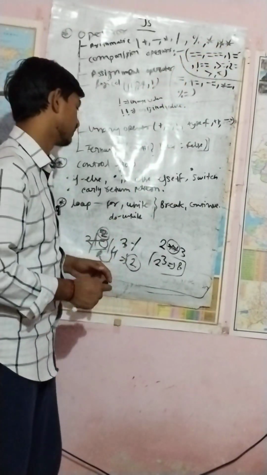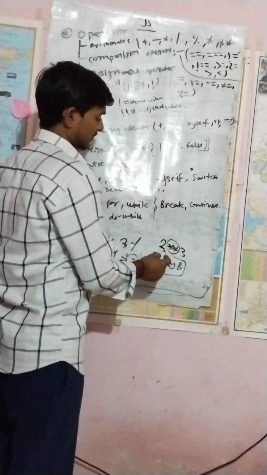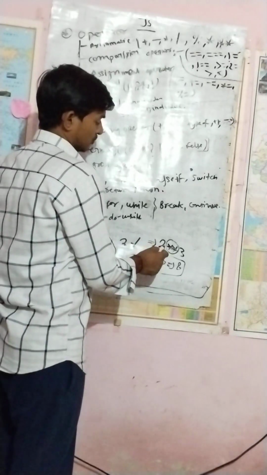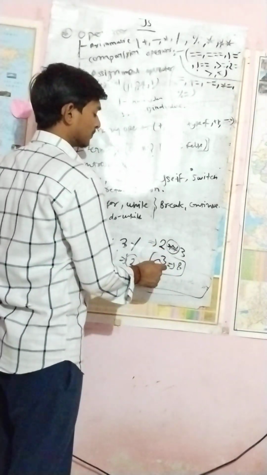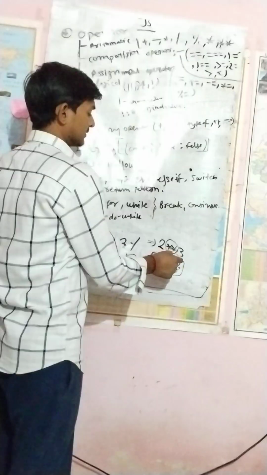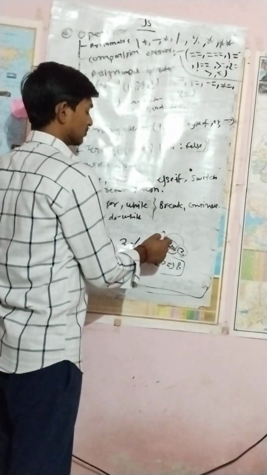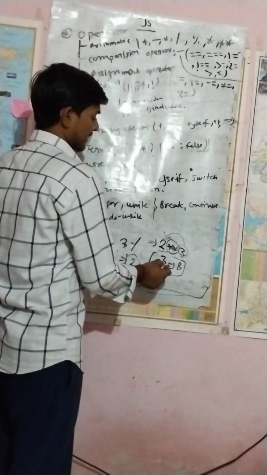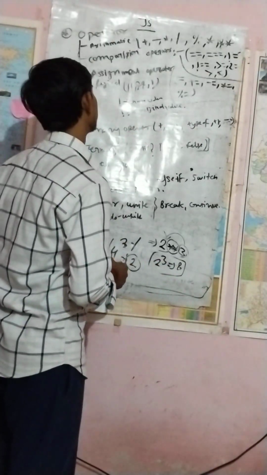If you write a double star, for example 2 double star 3, it means 2 to the power 3, and it will give you the answer 8.